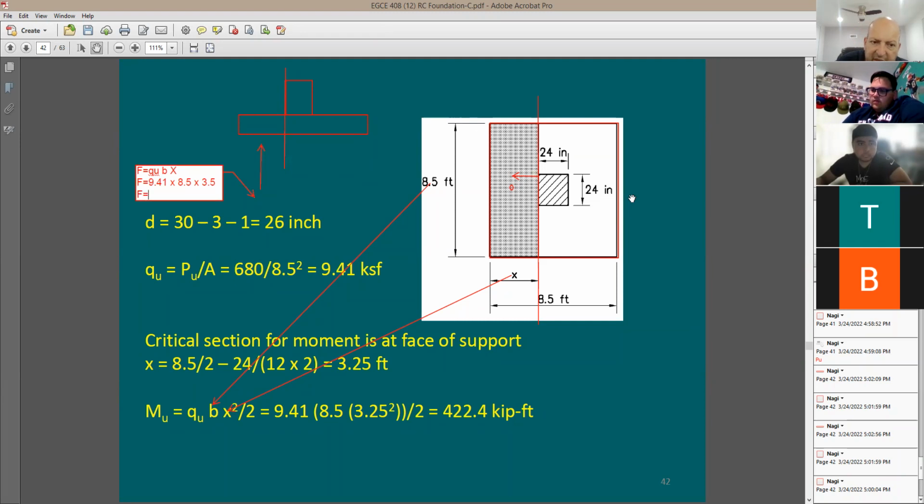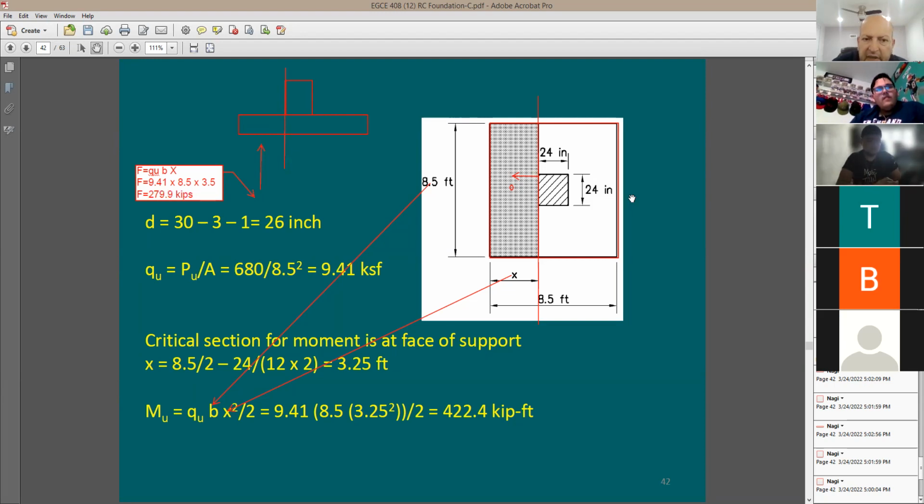Can someone help me and tell me how much this is in kips? Looks like 279.9 or 280. Okay, yeah, 280 is good. So this is going to be the force. Now, this force is going to be acting right here.